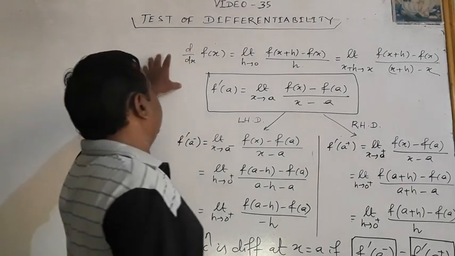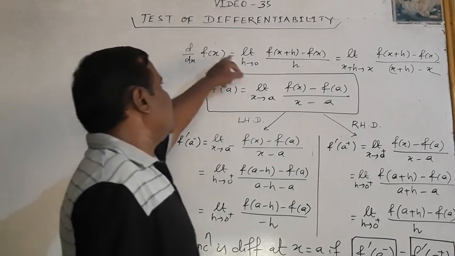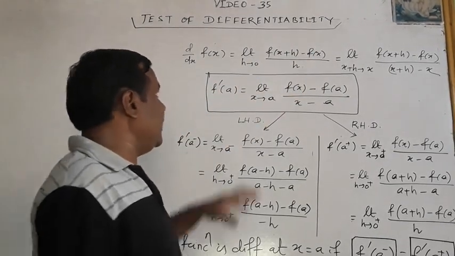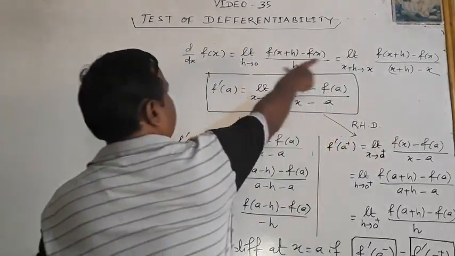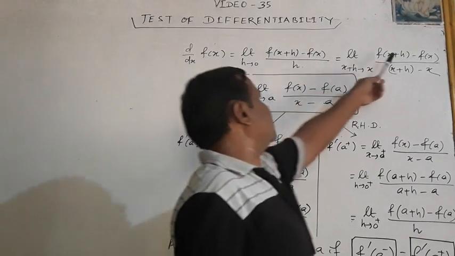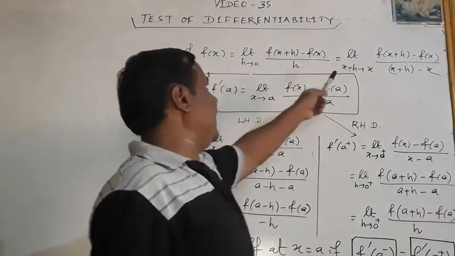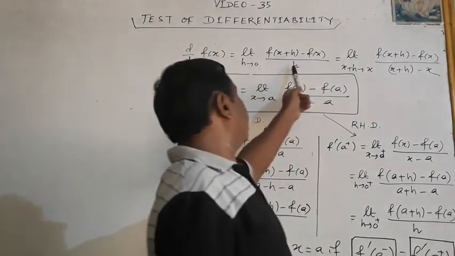Now, test for differentiability. We know what is differentiation: d by dx of f(x), limit h tends to 0, f(x plus h) minus f(x) by h. Rewriting this, I am writing f(x plus h) minus f(x), and this h I am writing as x plus h minus x.